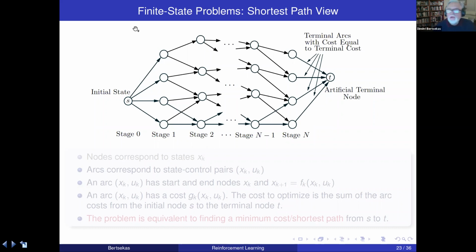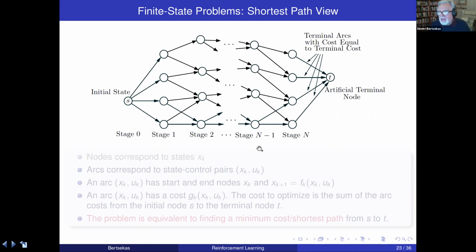Suppose that the number of states at every stage is finite. So this is the initial state. We represent states with circles in a graph, nodes of a graph. There are 4 possible values of x1 here, at time 2, and x2 can take these values here, and so on.